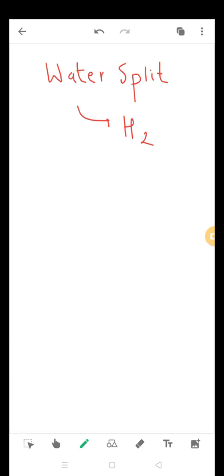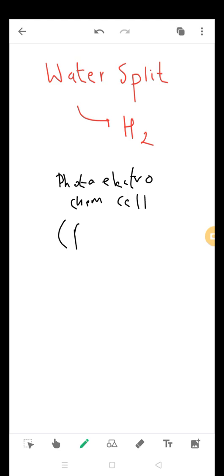And this phenomenon takes place in a cell called photoelectrochemical cell, or in short it is called PEC cell.